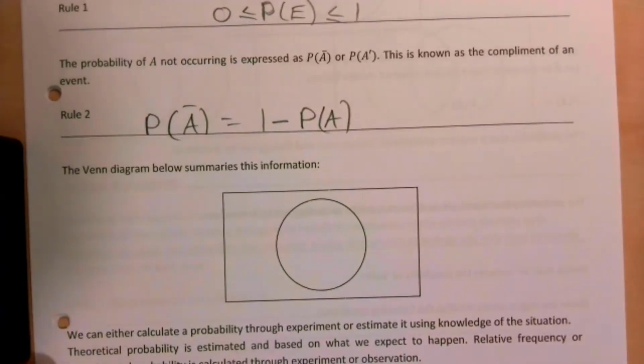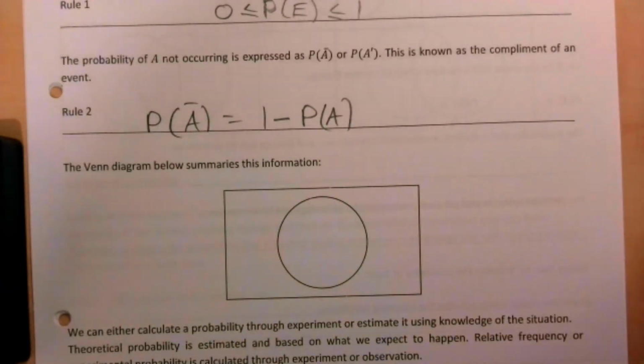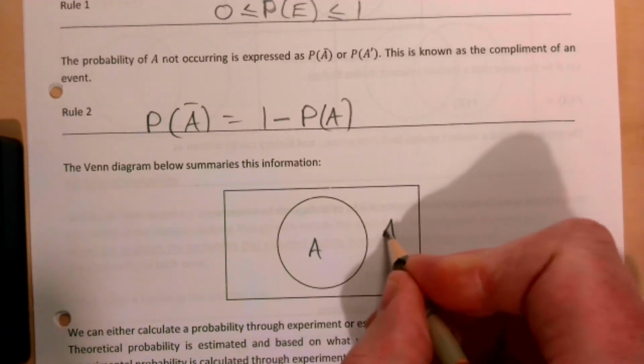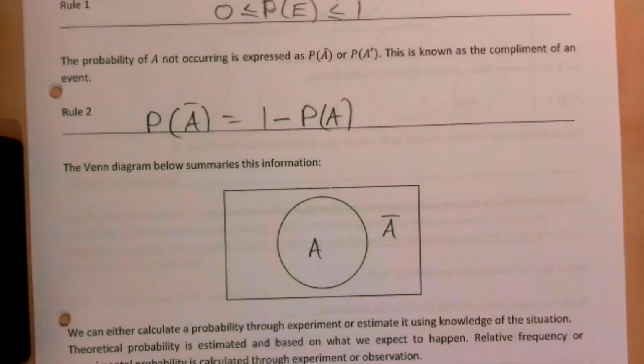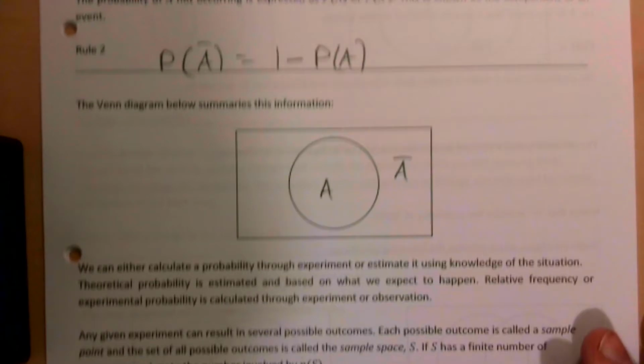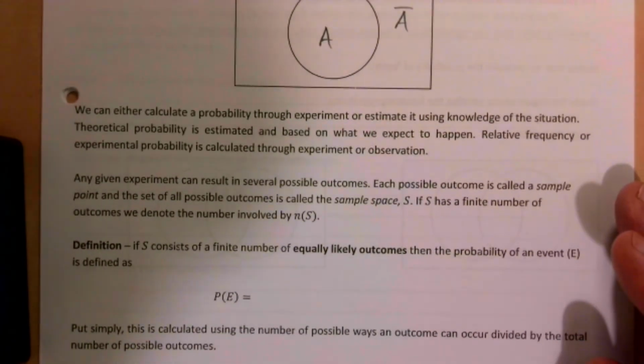The Venn diagram below summarizes this information. So if this is event A, then outside is going to be the probability of the event not happening.